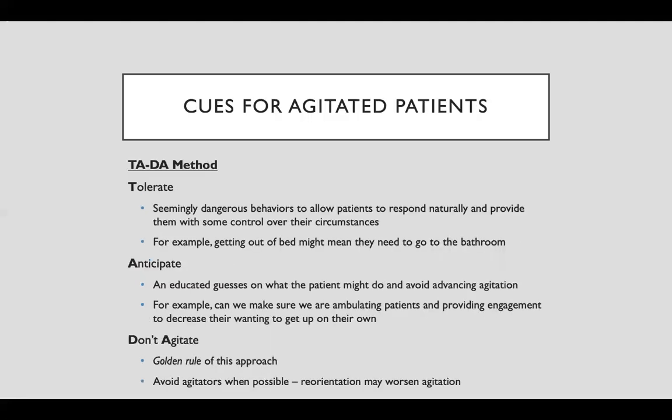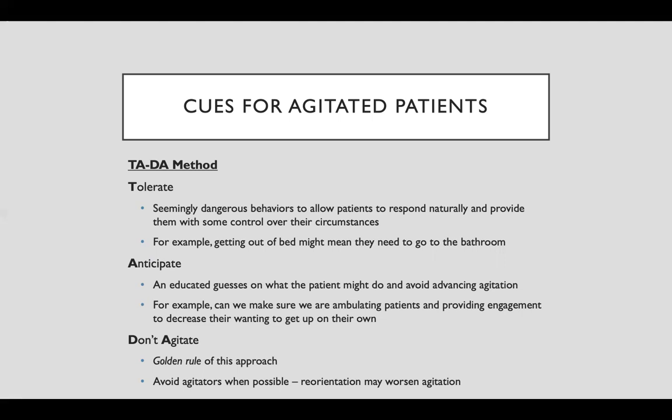And then this is just something that I thought was very interesting, and I found a video on and some literature on. And it's a good method, I think, for managing cues with agitated patients specifically. So this is called the TADA method. And it's an acronym. The T is tolerate. We want to tolerate these seemingly dangerous behaviors to allow patients to respond naturally and provide them with some control over their circumstances.